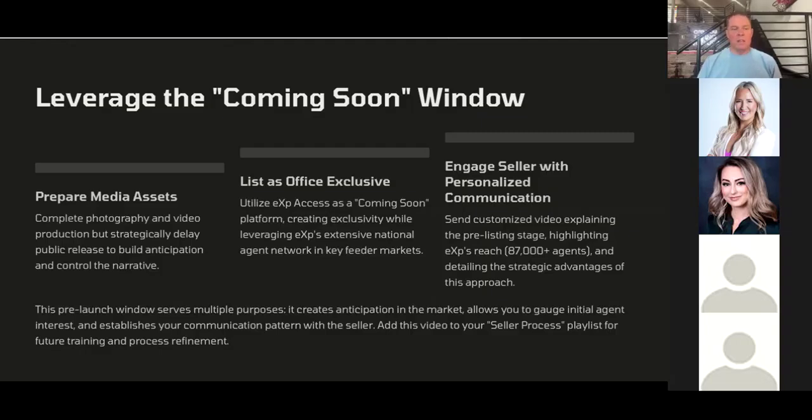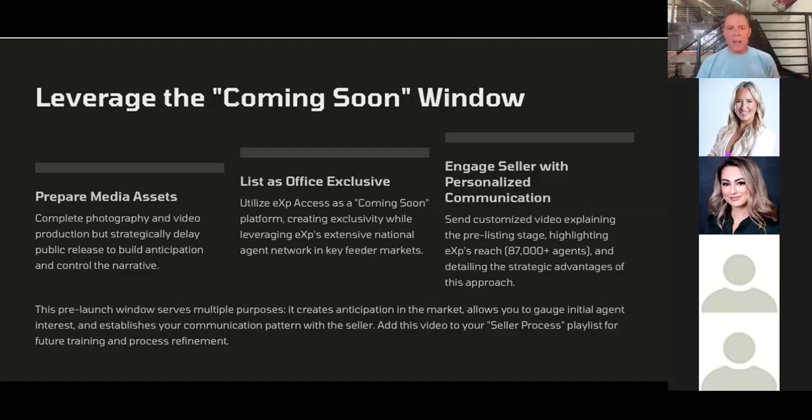So I would highly encourage you, as soon as you win the listing and you've got your listing agreement assigned, either ask the owner for photos or take a few of your own, higher quality if you can, and list it coming soon, right? What that does within EXP, since we have so many agents, is broadcast it to all of those agents, and you're allowed to reach out within the brokerage and market the property as much as you can, right?